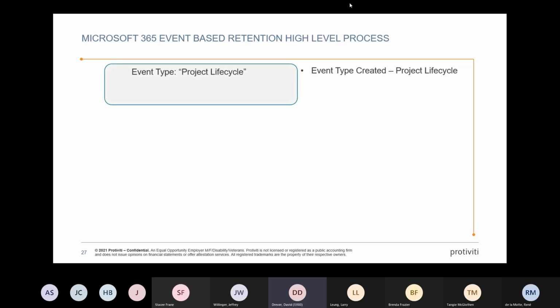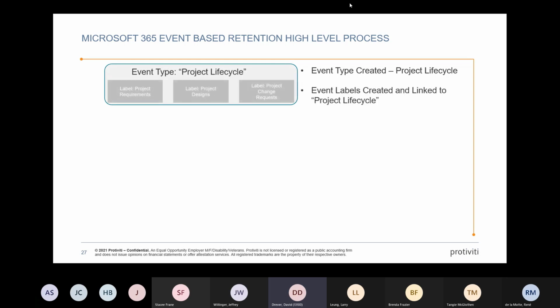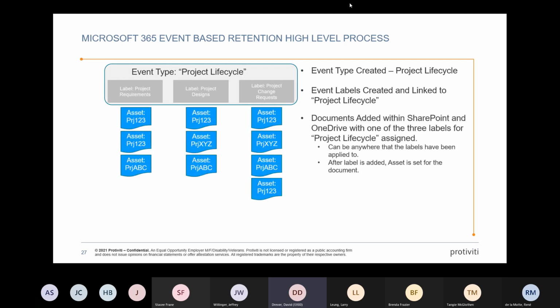I have a project lifecycle, and my event type is project lifecycle, and within it I have 3 labels: project requirements, project designs, and project change requests. And across multiple libraries, I have all these different documents for different projects. Now, when you're dealing with events, not only do you have to have the label, but you have to have some key metadata assigned to it to help you identify it.